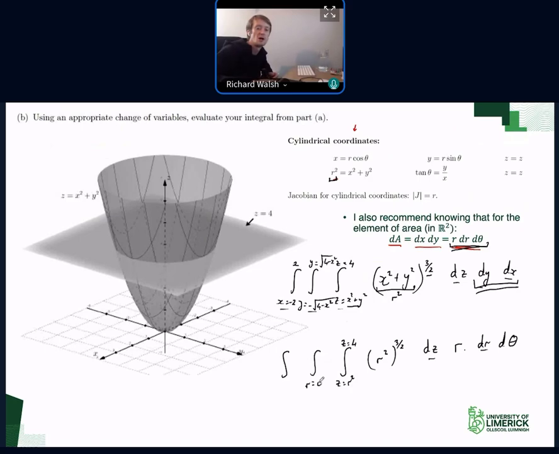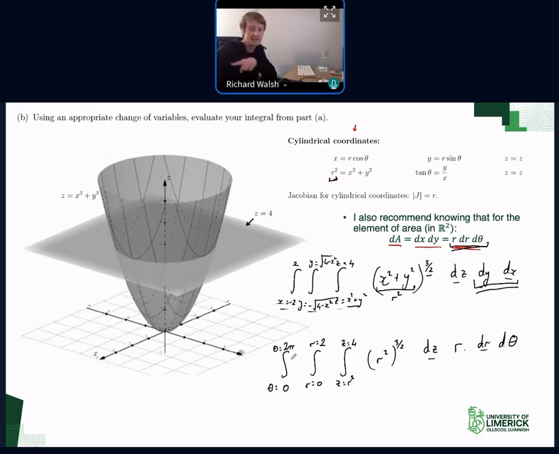R equals 0, up as far as r equals 2. The last one that I need to take care of is theta. Well, it's a circle. That whole region goes around in a circular pattern the whole way up. So theta will go between 0 and 360 degrees, but 2 pi. We work in radians. So there will be my theta limit.